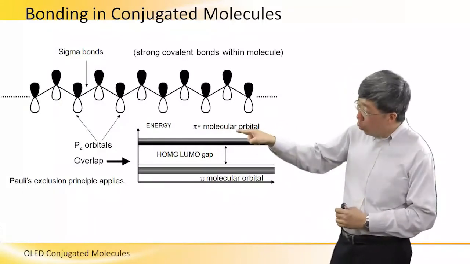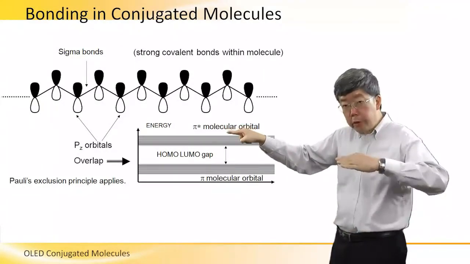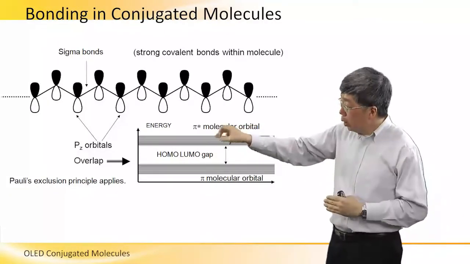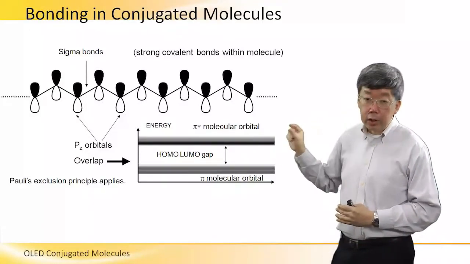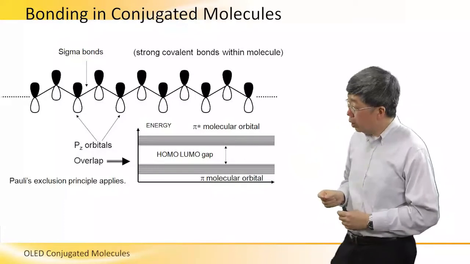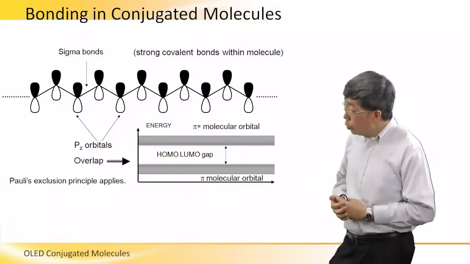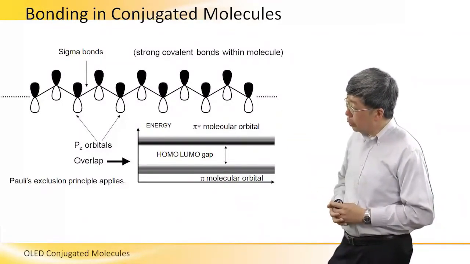That means one energy level will split into 2, and then 4, and so on, into a set of very densely spaced energy levels. And there are actually 2 sets of these densely spaced molecular orbitals.